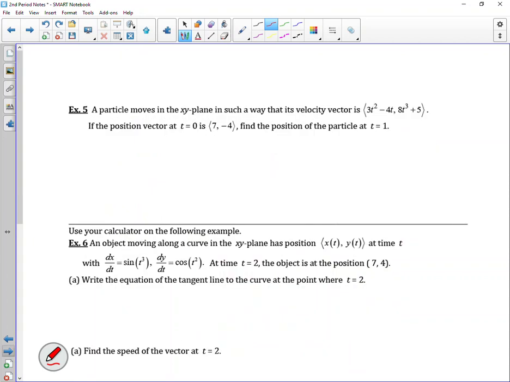Okay, example 5 is, now they give you a velocity vector and they want your position of the particle at t equals 1, and they give you that the position of the vector at t equals 0 is 7, negative 4. So you want to use fundamental theorem of calculus to calculate where you are at t equals 1. So we're going to find x of 1.